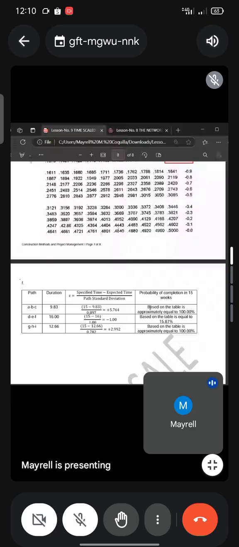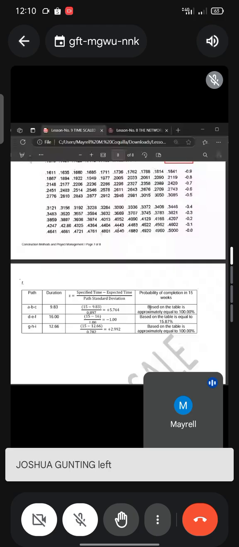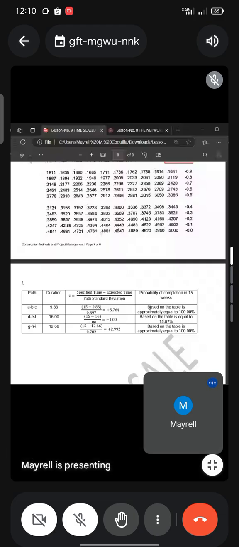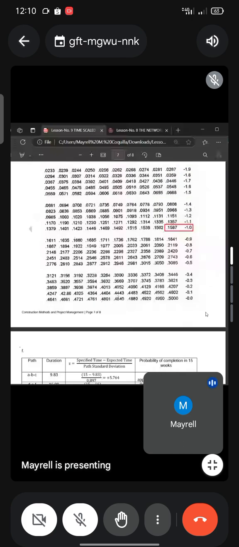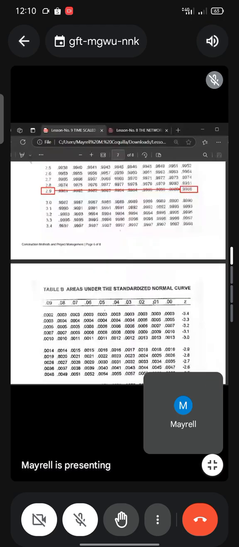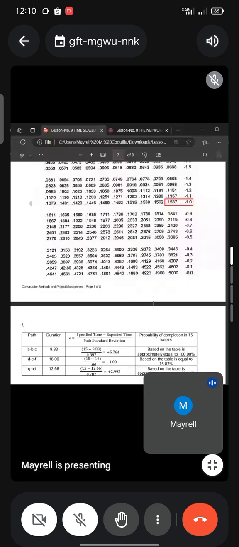Ang iyang probability nga mahuman siya og advance compared sa 17 weeks, di ba? 84%. So, mas dako ang probability nga medyo ma-delay siya, compare sa ma-advance na 15 weeks. Okay? You can also try to solve if mas earlier or mas later kung saan na may probability niya.